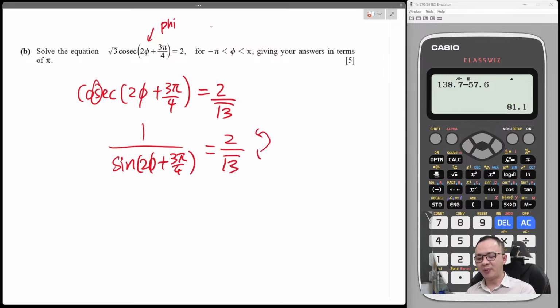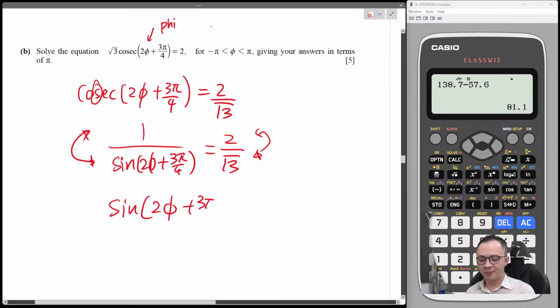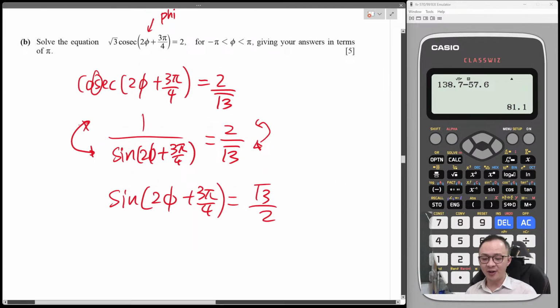I flip over both fractions here. So I flip over here, then I flip over here as well. So it becomes sine of 2.5 plus 3 pi over 4 equals to root 3 over 2. Then sine root 3 over 2 is 60 degrees, which is pi over 3. So yep, we will just continue this.